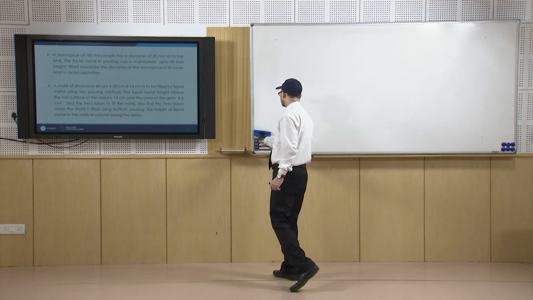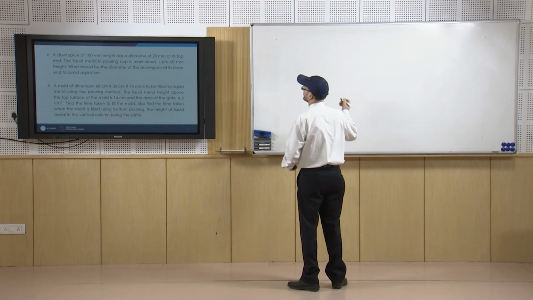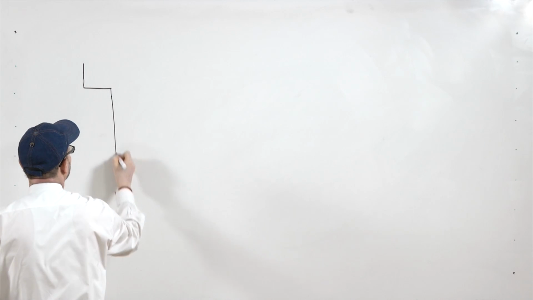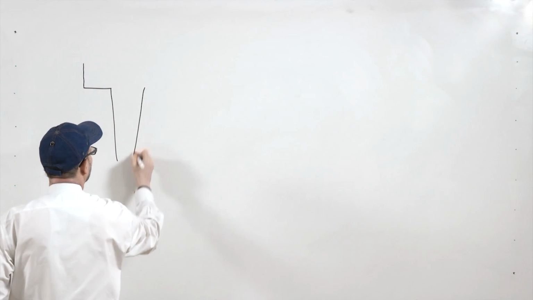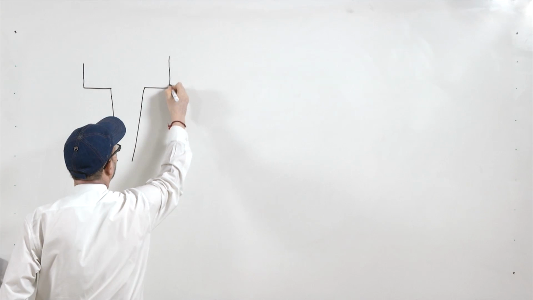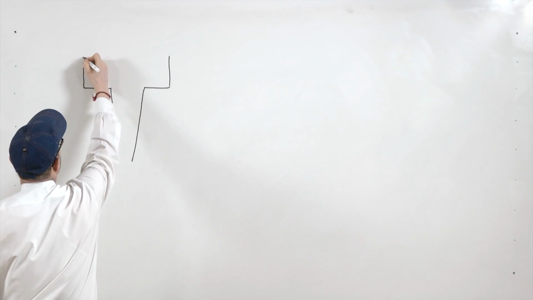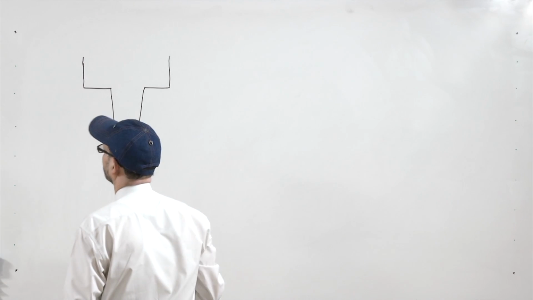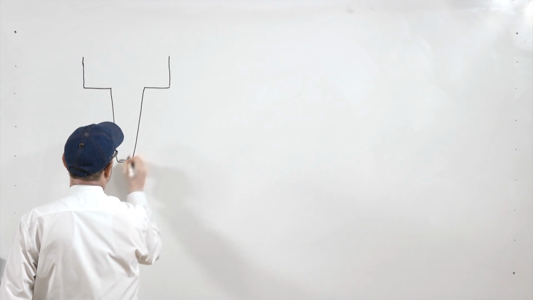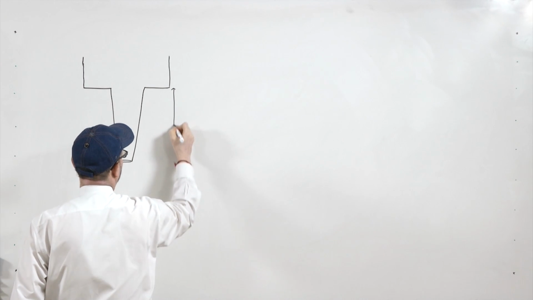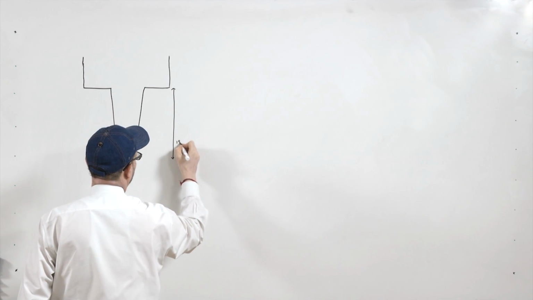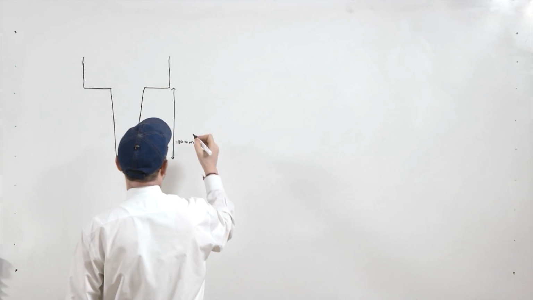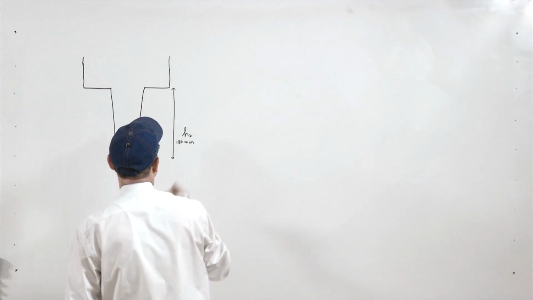So, in this question you have been given a pouring cup and a down sprue. The down sprue length is 180 mm, which we normally take as H2.